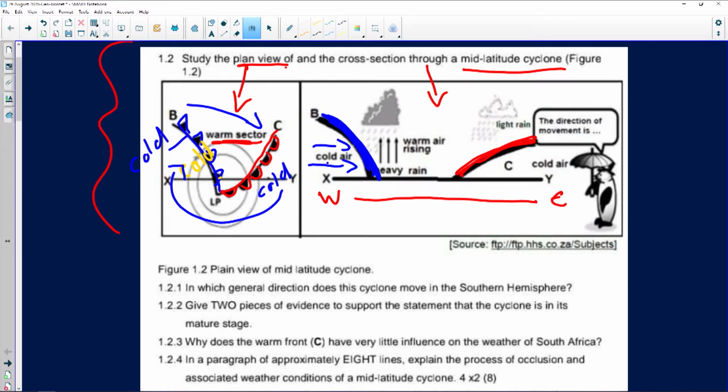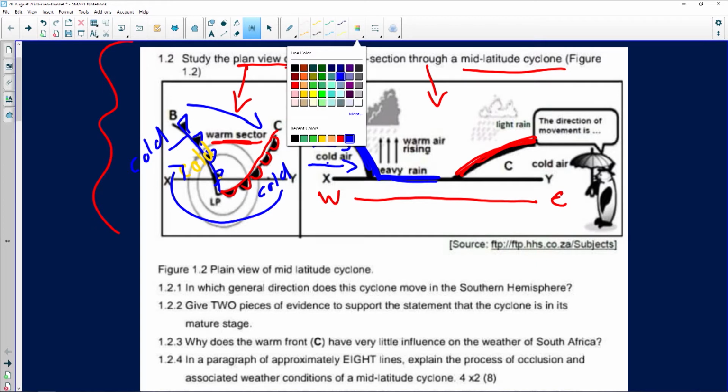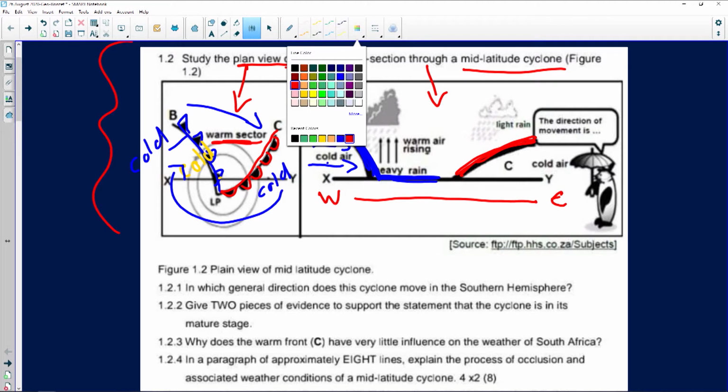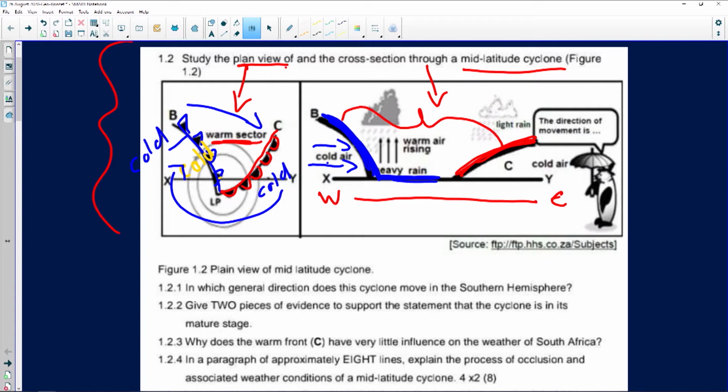Now, pay attention to the information that's given to us over here. They mention heavy rain, and warm air rising. Because why is there warm air rising? Because we know this sector over here, I just want to use a red pen to make it simpler, this section over here is the warm sector.